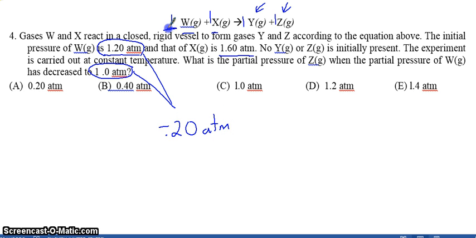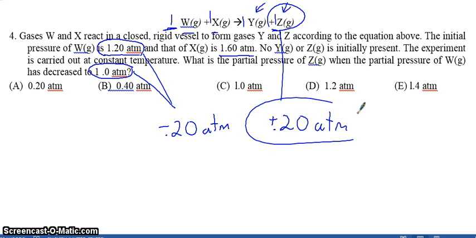Now, for every one of these moles that we lose, we gain one of these moles. That's what the stoichiometry tells us. So it's as simple as saying Z actually has a pressure now of 0.20 atmospheres.